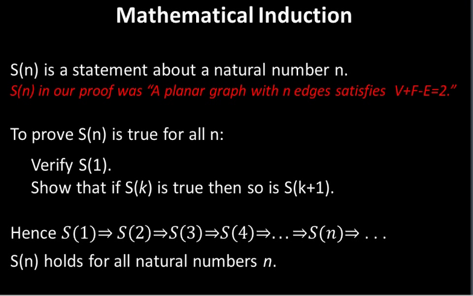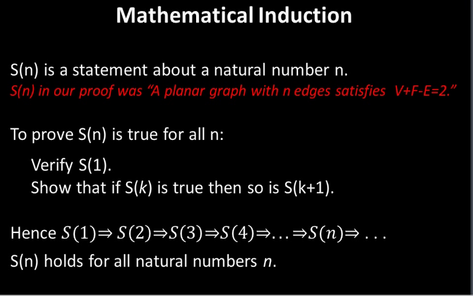And I don't expect you to memorize this, but it is a really cool way to prove statements about the positive integers, or statements made about all natural numbers. Our statement was a planar graph with n edges satisfies v plus f minus e is 2, where n is any natural number. That's what we just proved.